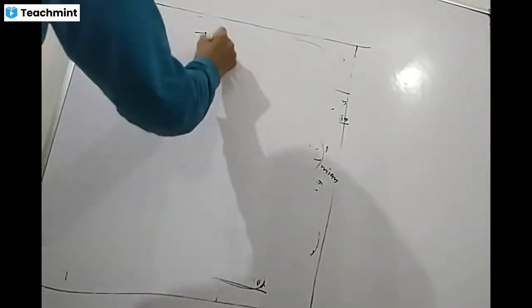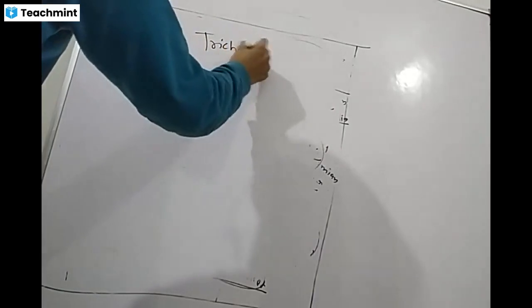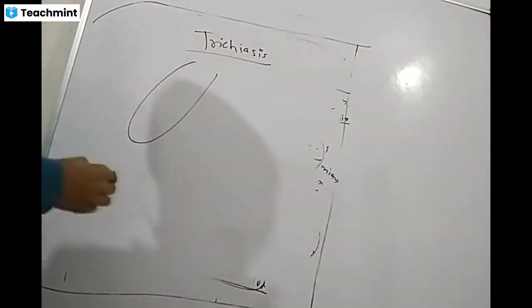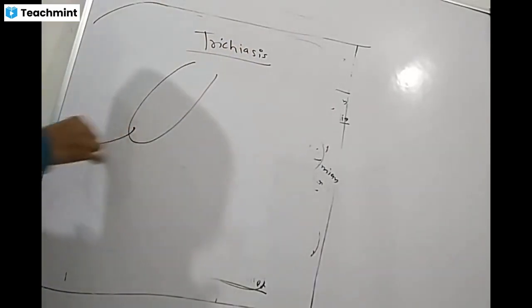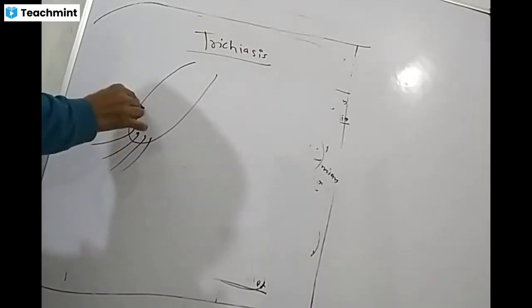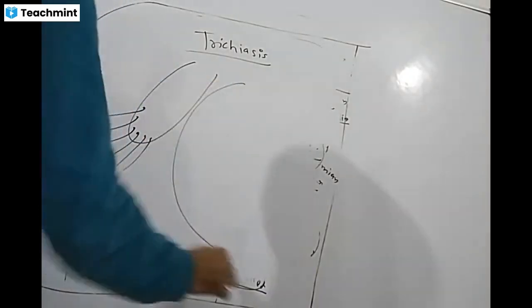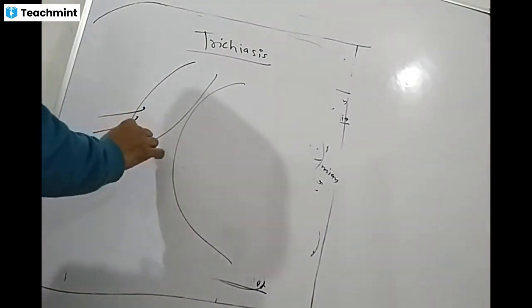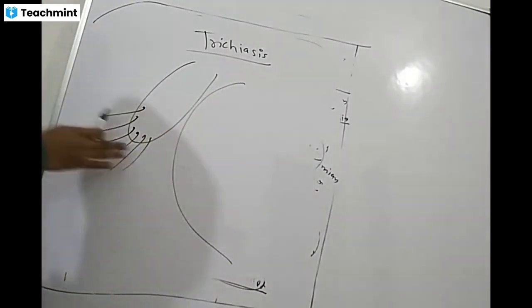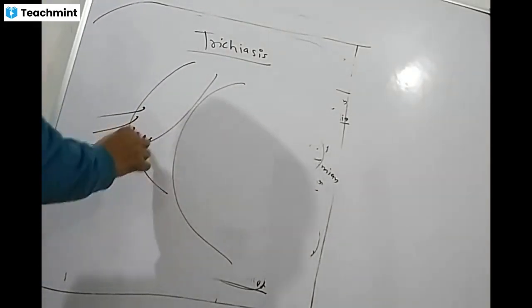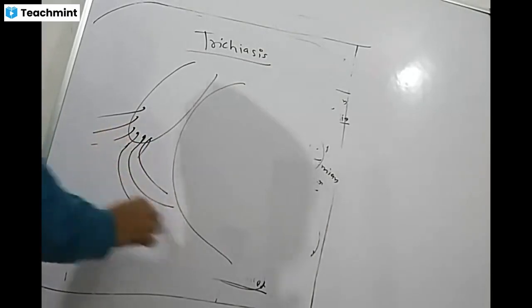Third is trichiasis. This is your eyelid. Normally, cilia come outward like this. But in case of trichiasis, these normal cilia are not directed this side, they are directed towards the cornea, like this.